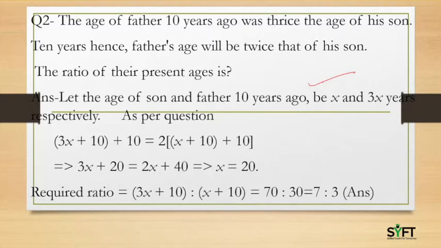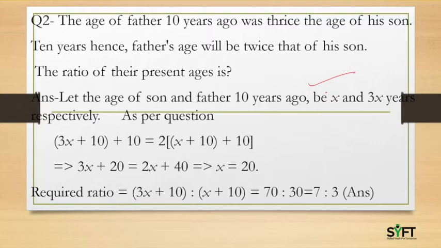So, as per the question, the present ages are x plus 10 and 3x plus 10.